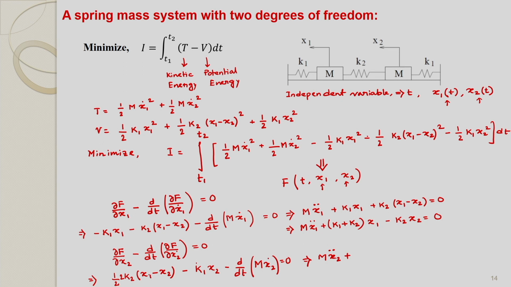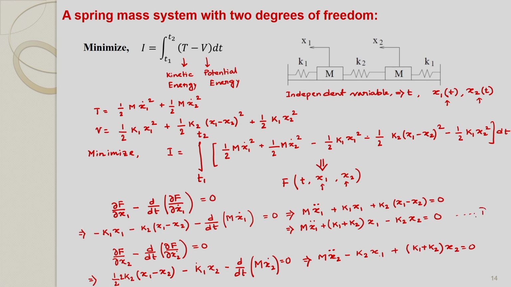So, for x1 it will be minus k2 x1 plus k1 plus k2 x2 equal to 0.